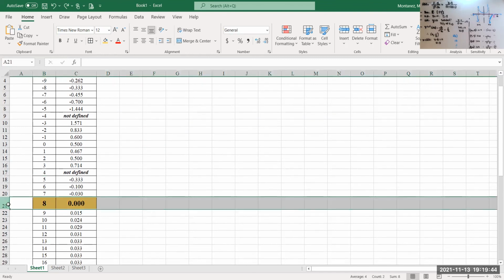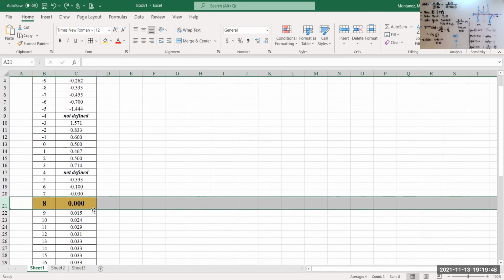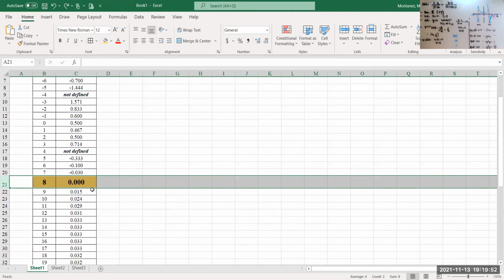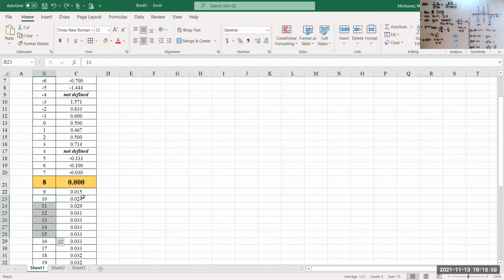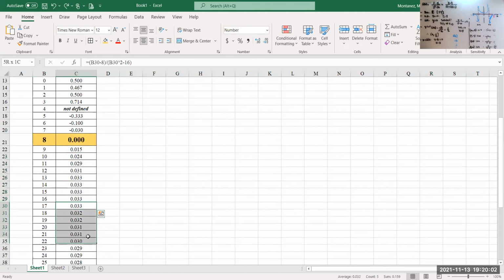I put this one big here when x equals 8. That's my x-intercept, y equals 0. Notice that when x equals 9, we go a little bit up to 0.1, 0.2. As I keep moving up in x, the value keeps going up. However, once I hit 19, 0.032, now I keep going down again.